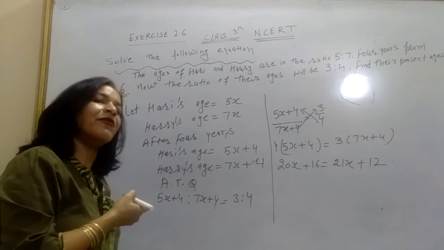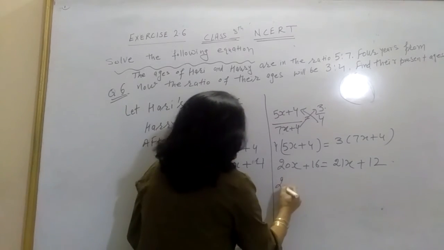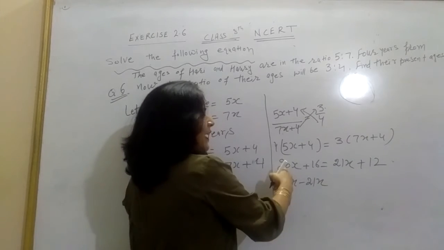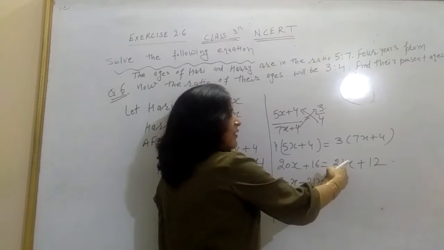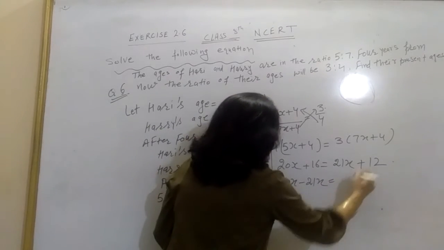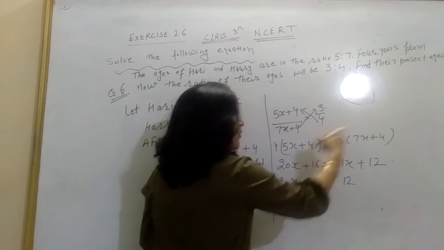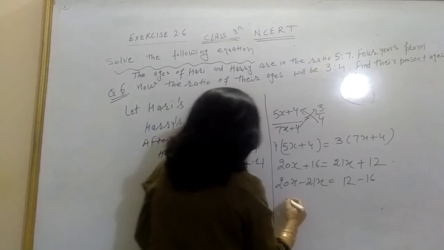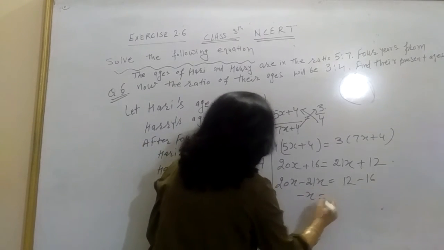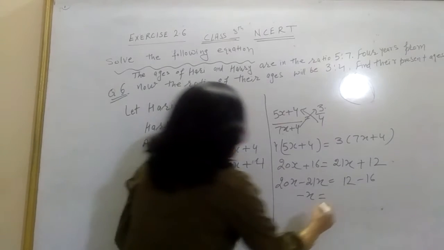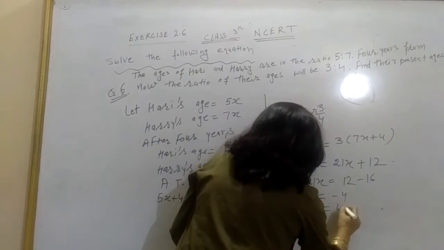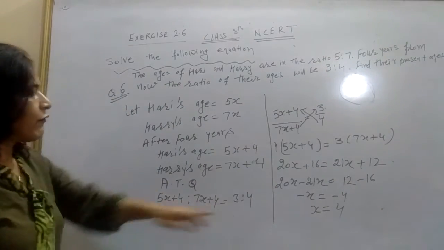Transferring the terms containing variables. So 20x, 21x here with positive sign, then we will transfer to the other side with negative sign, and 12 as it is. Now 16 will become minus 16. So 20 minus 21 minus x, and it is equal to minus 4. Minus cancels with minus, so x is equal to 4.